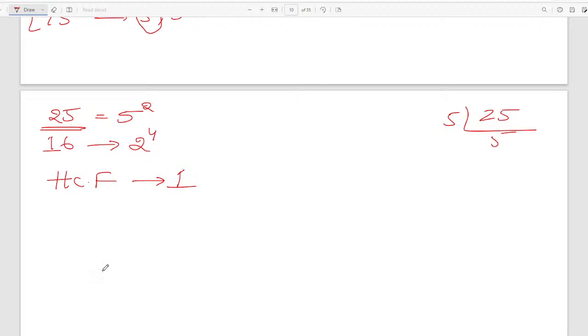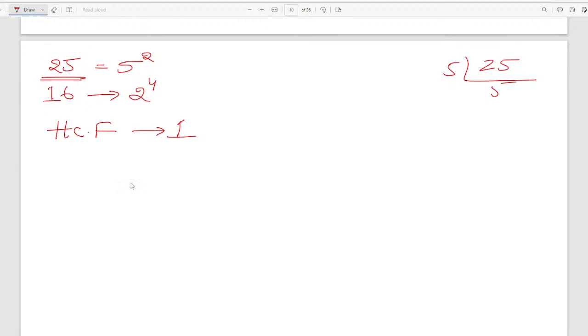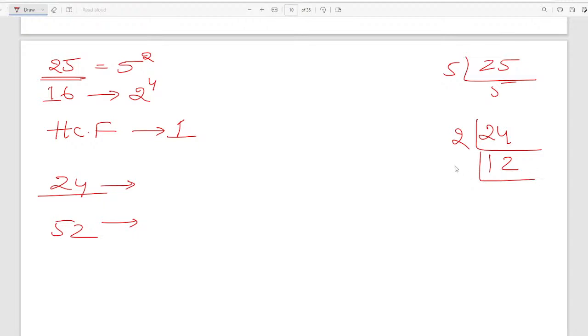And if, for example, we take some other numbers, 24 and 52. 24 is 2 into 12, 2 into 6, 2 into 3.